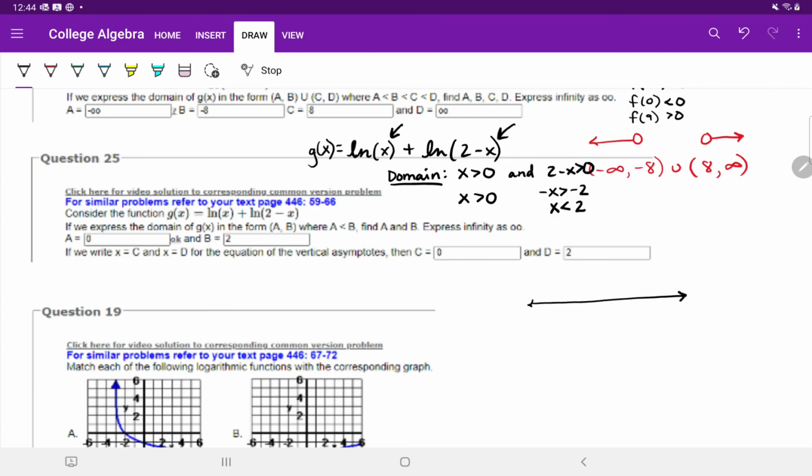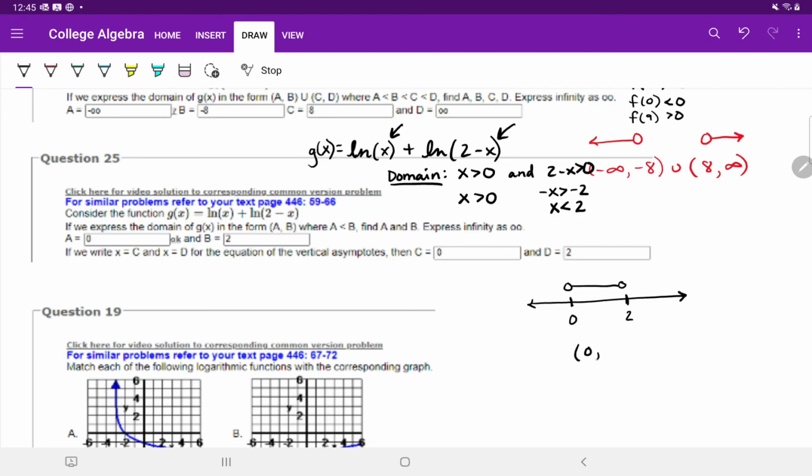So if I draw a number line, for x is greater than 0, if 0 is right here, x has to be greater than 0, which would be this area of our number line, and x has to be less than 2, which would be this area of our number line. Well, the only place where both of those things happen to be true is in between 0 and 2.